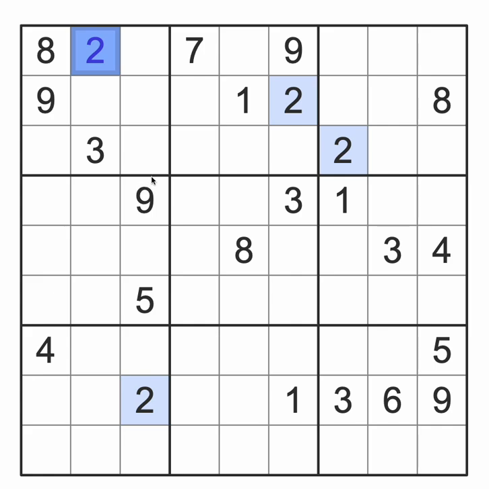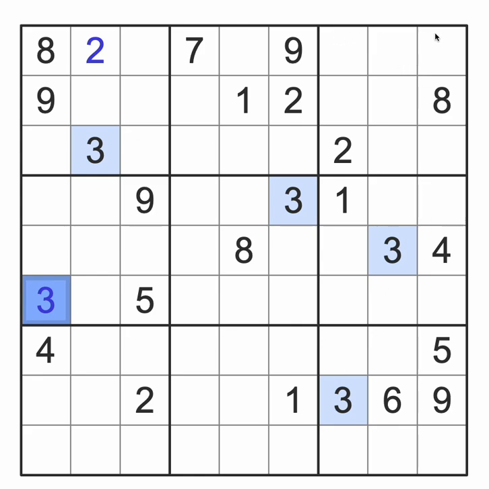And I can place 3 in box 4, 3 in box 5 blocks these, 3 in box 6 blocks these, 3 in box 1 blocks this cell, gives me 3 here. Okay, is there anything else? I'm pretty sure there are.